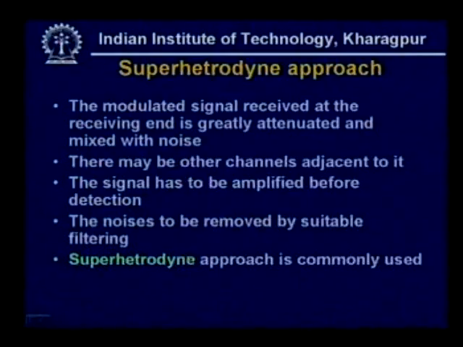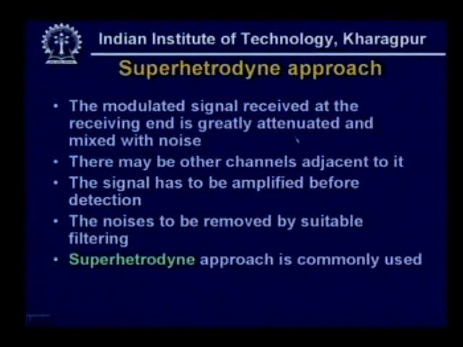Of course, the modulated signal received at the receiving end is greatly attenuated. As you know, the signal is passing through a long distance, and the attenuation is proportional to 1 by distance square, and as a result, if the receiver is at a long distance, the signal will be highly attenuated.